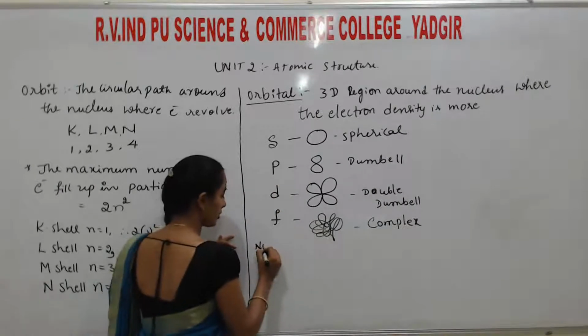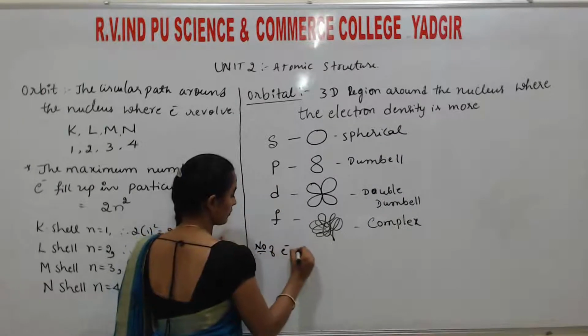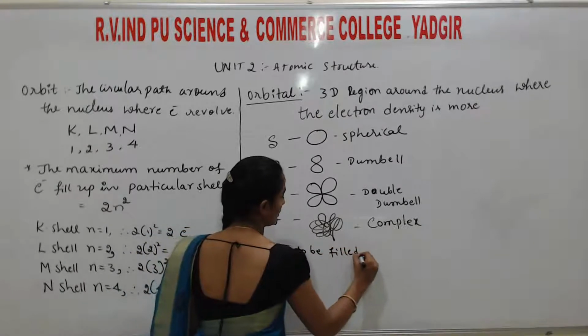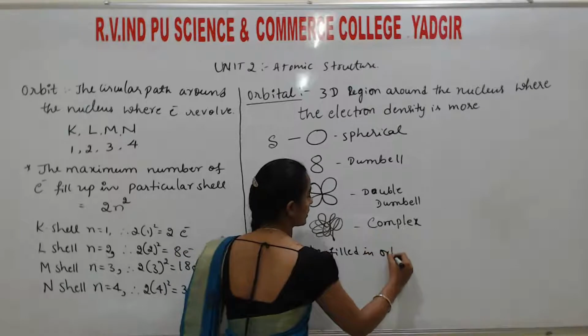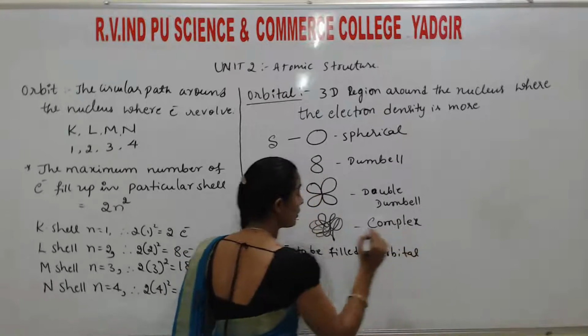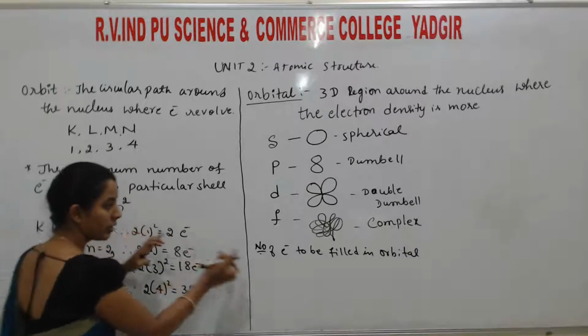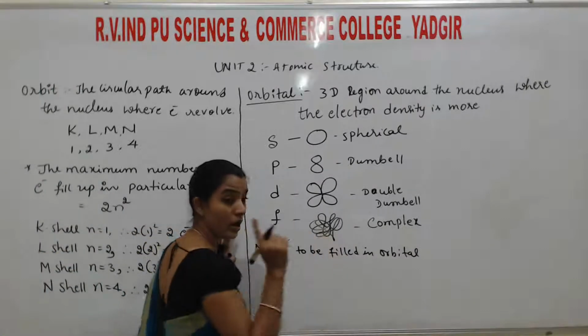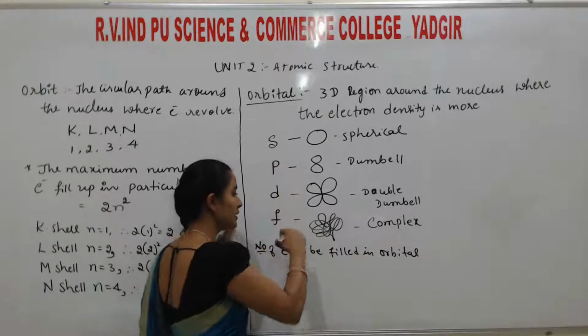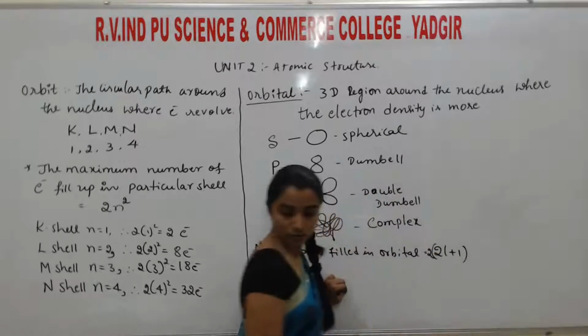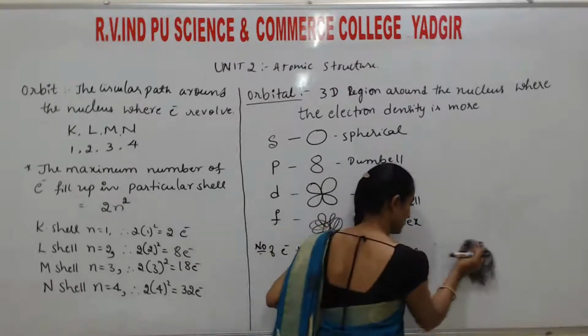Number of electrons to be filled in a shell is 2n square. Number of electrons to be filled in an orbital, SPDF orbital, is 2 into (2l plus 1).